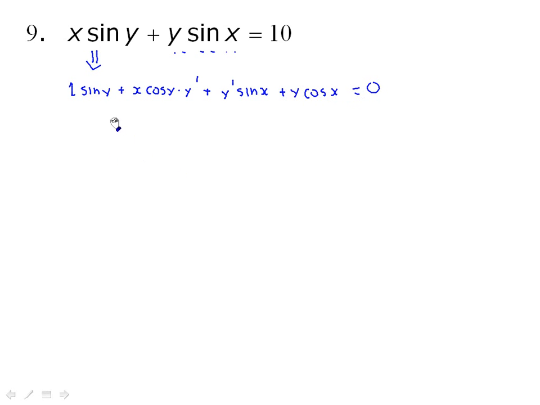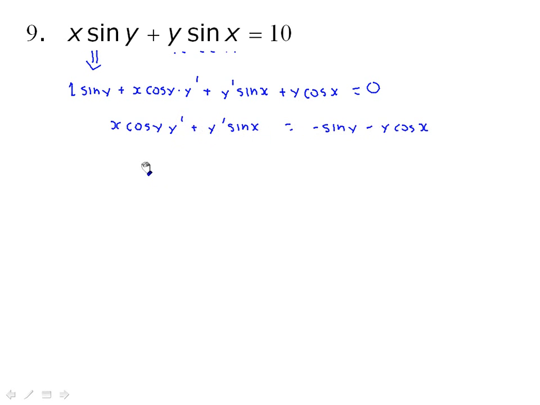Now, as always, we gather up the terms that have a y prime, like this, y prime sine x. Take the other ones to the other side, so we get negative sine y when that first term comes over, minus y cos x, like that.